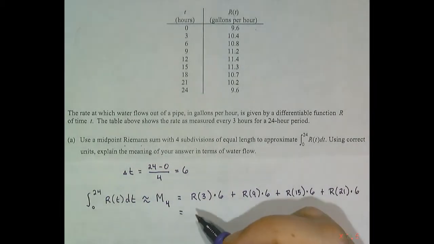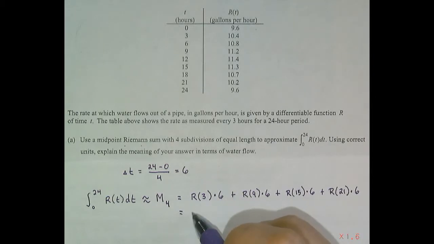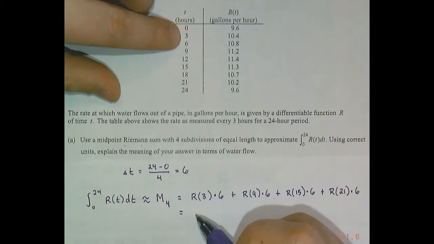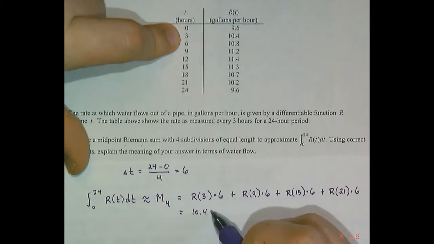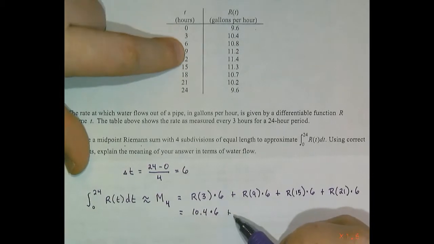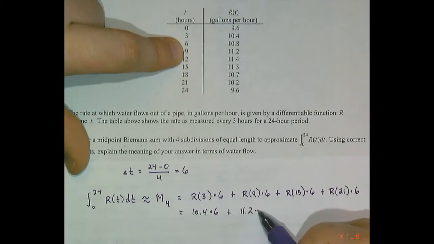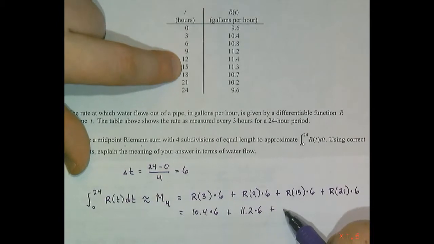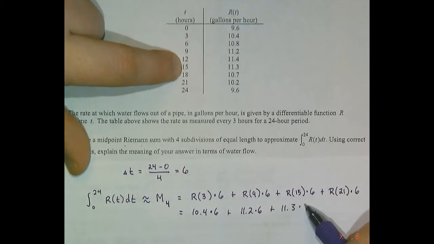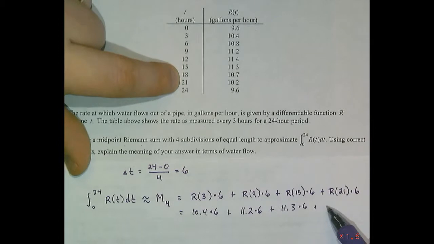If we evaluate all of this out, we're going to have 10.4 times 6 plus 11.2 times 6, 11.3 times 6, and finally 10.2 times 6.